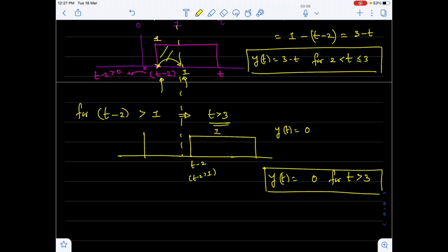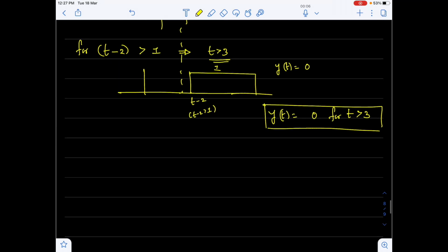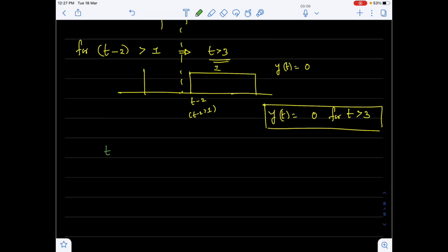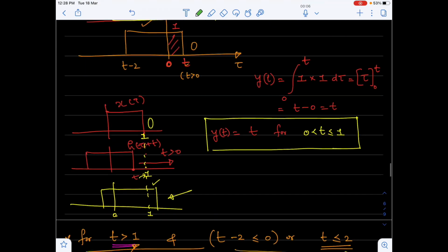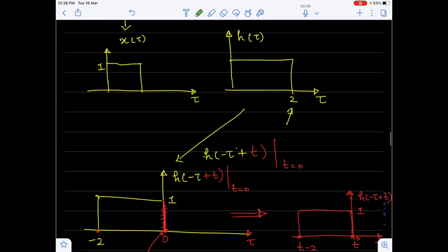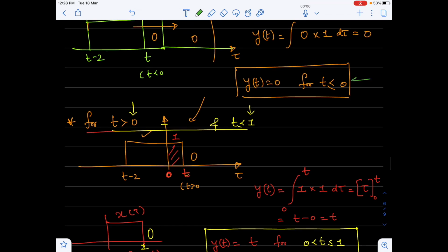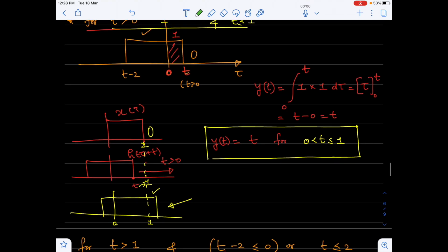So now how can we sketch this output? Before that I will show you the complete output. This is our time and y of t. We have seen the first one. So y of t is equal to 0 for t less than 0, and for t between 0 and 1, it is nothing but t.